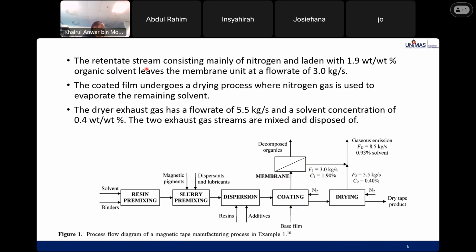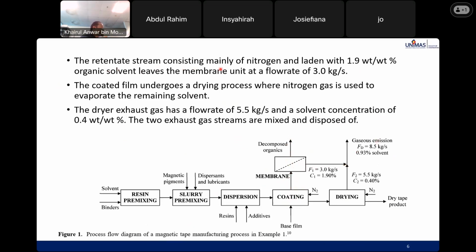The retentate stream. It is called retentate because this membrane is a cross flow membrane, so some of the inlet feed from the coating chamber will not pass through the membrane and will be pushed through as gaseous emission.